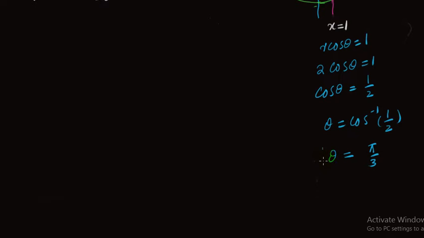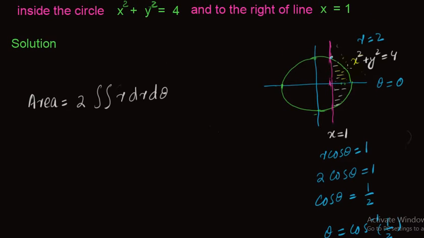So theta is equal to pi by 3 at this point.